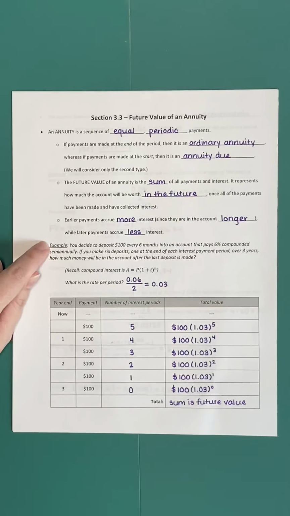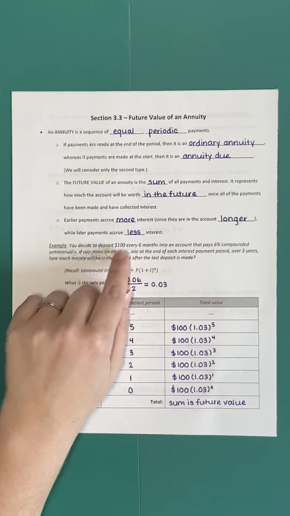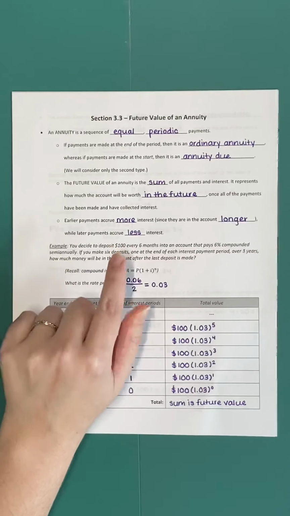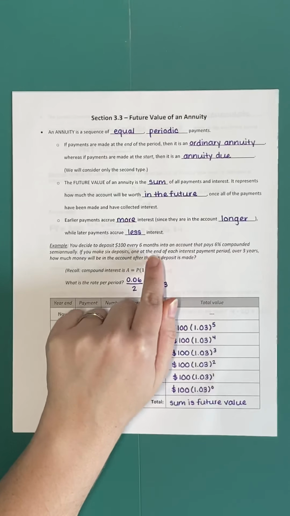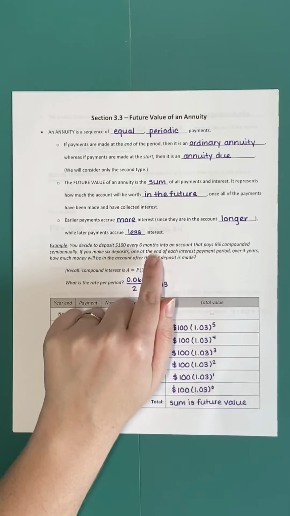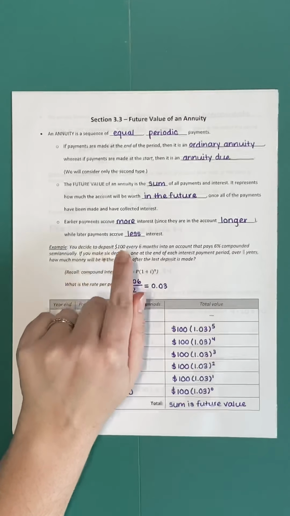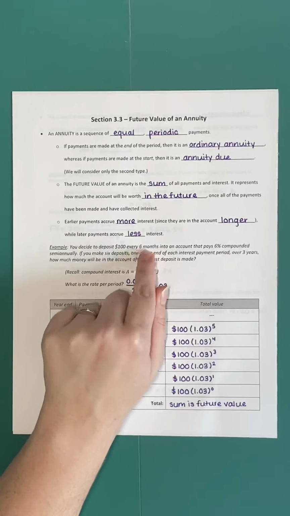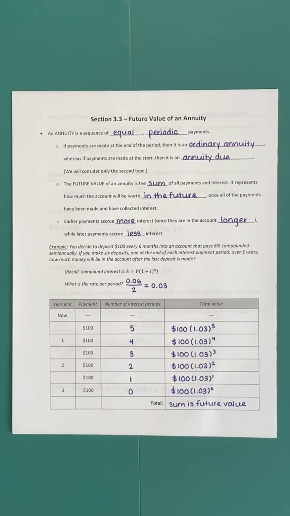Okay, so why is this considered to be an annuity? Well, notice we're depositing a specific amount, but we're depositing it every 6 months. So in other words, think of it like a payment plan. It's a deposit plan. It's always going to be a deposit of $100, and every 6 months, we're going to make that same deposit at the end of the 6-month period.